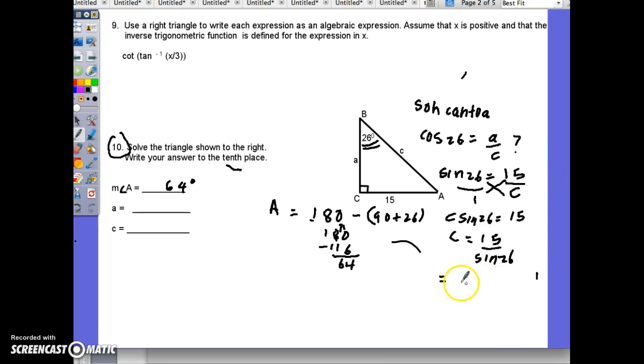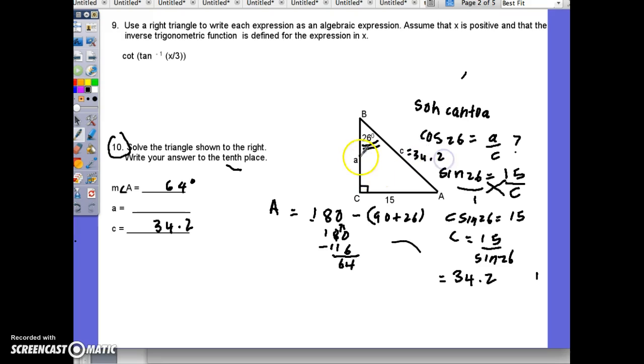I'd like you to do the same thing and confirm this with your own calculators. 34.2. That will be length C. Let me just put that here. 34.2.